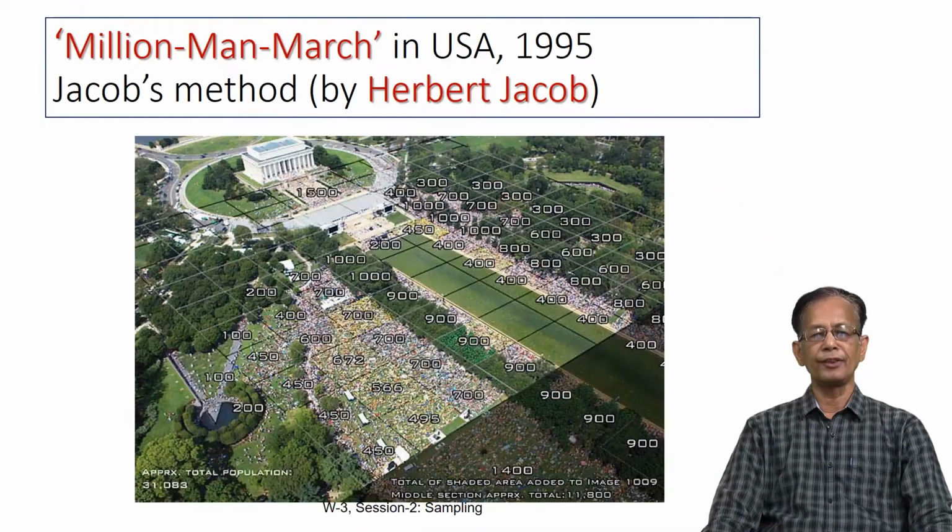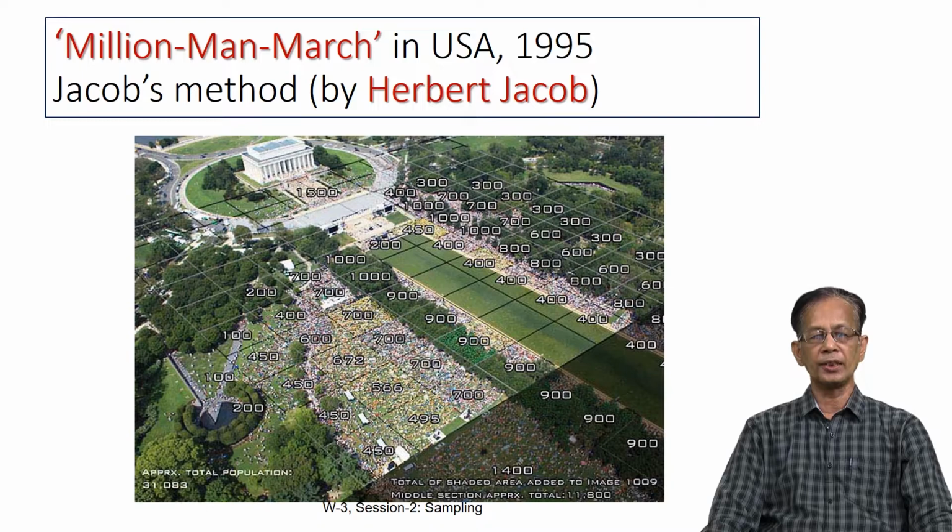The next example is the famous Million Man March, which was a very interesting event, and it happened in 1995. The civilians wanted to protest against a law, and the president was shocked, but he was not caring, trusting that a million men could not come to his office.